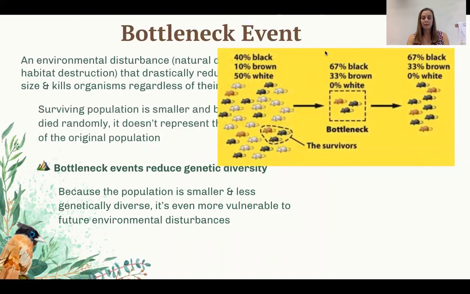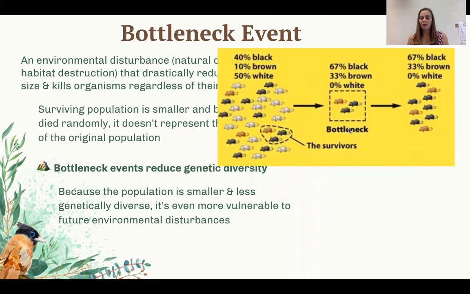So if we look at the example of our mice here, before we had 40% black, 10% brown, and 50% white. Through our bottleneck, only 3 of our mice in our population survived. They happened to be black and brown. And so our surviving population is 2/3 black and 1/3 brown and no white.